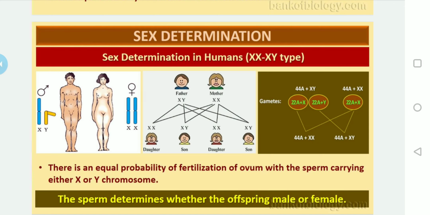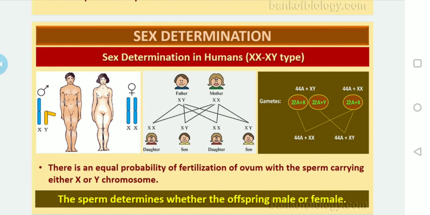So that means there is an equal probability. You cannot guess in the beginning. Either it will be male or female. That's why you must have heard people say that God gives the children. That is nothing but the fate of the sex, which is decided by how the gametes combine.